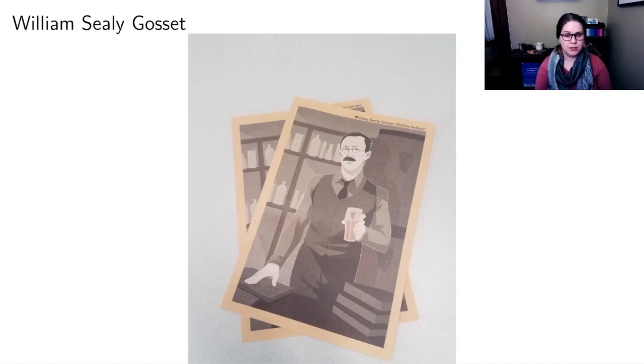And he came up with a bunch of statistical ideas, so that's one of the birthplaces of stats. But he decided he wanted to publish a paper about this distribution that he came up with, but he didn't know if his employer would like it that he was publishing research papers. And so he wrote the papers anonymously, and he would sign them as a student, like a student of statistics. And so that is why the distribution is called the student's distribution rather than the Gosset distribution, for example.